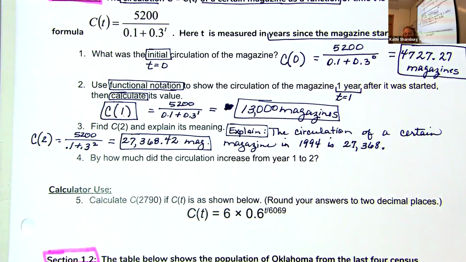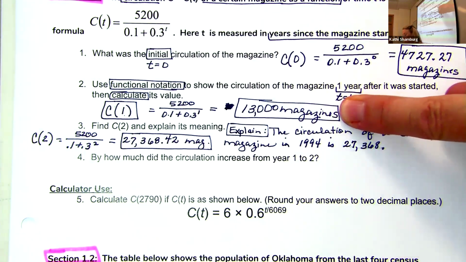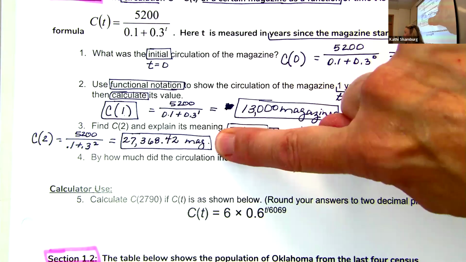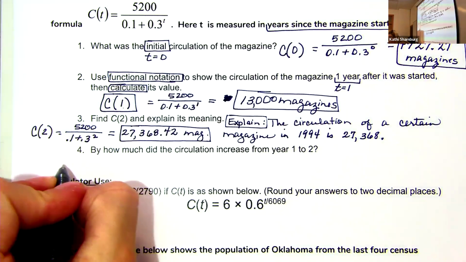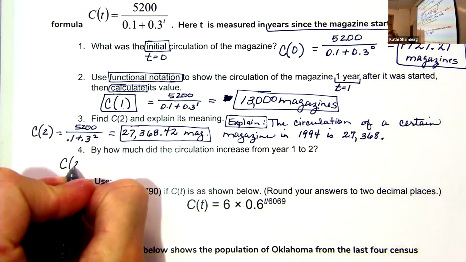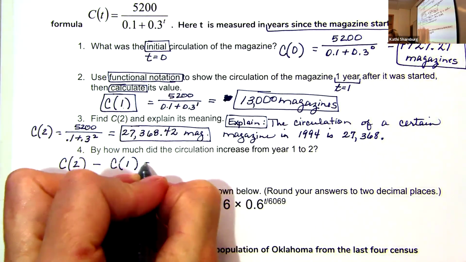Number 4 says, by how much did the circulation increase from 1 to 2? So we can see it increased. Here was year 1. Here was year 2. How do I find out that increased value? Subtract. I'm going to take C at 2 years and subtract C at 1 year.